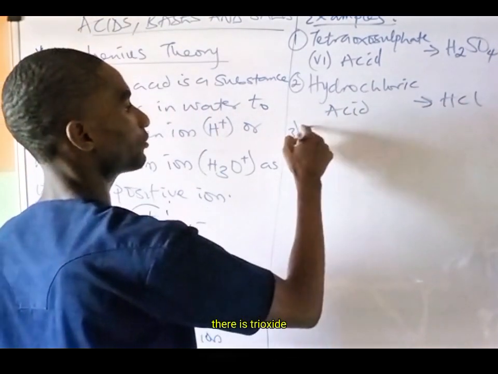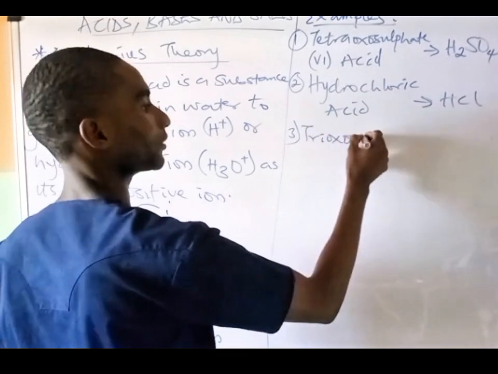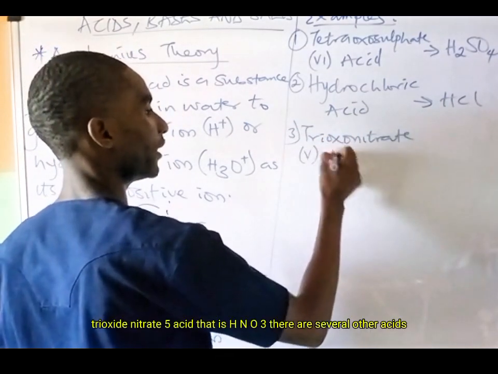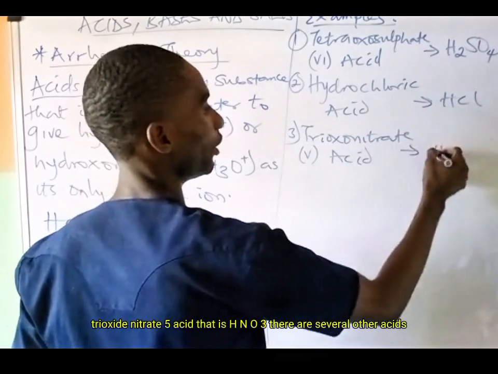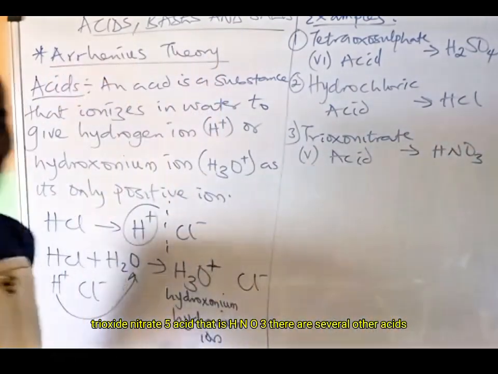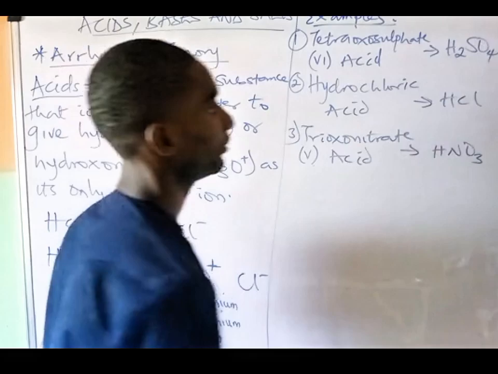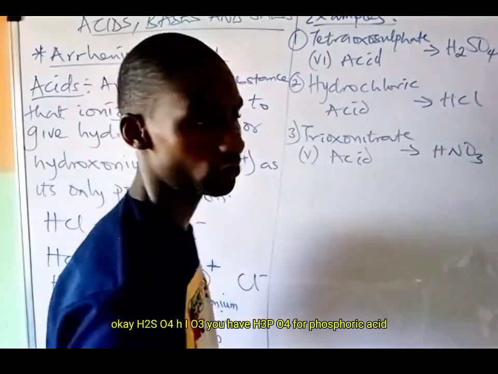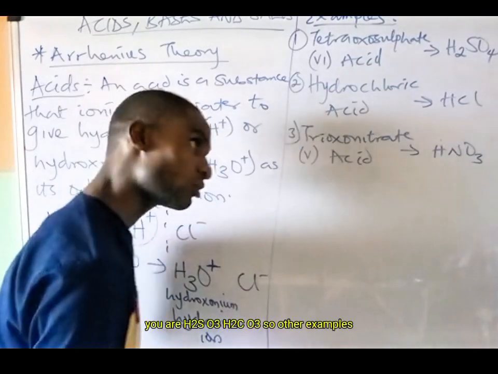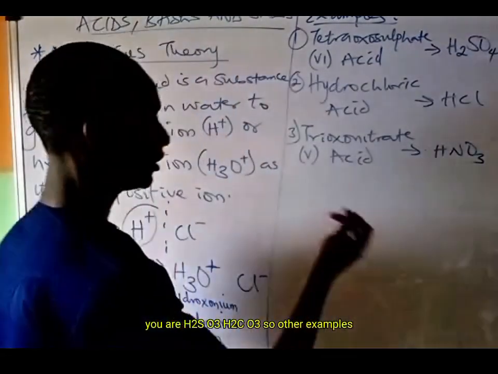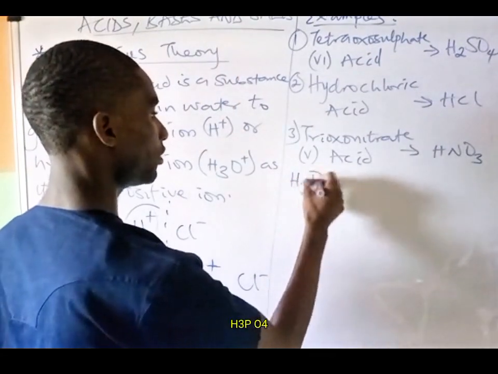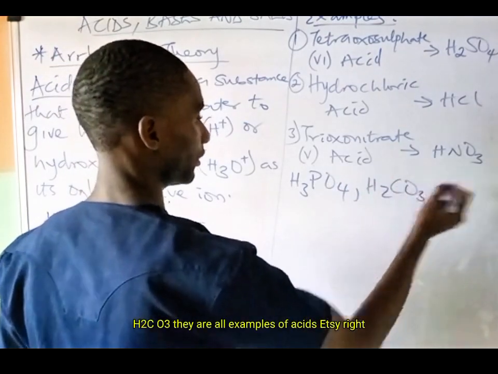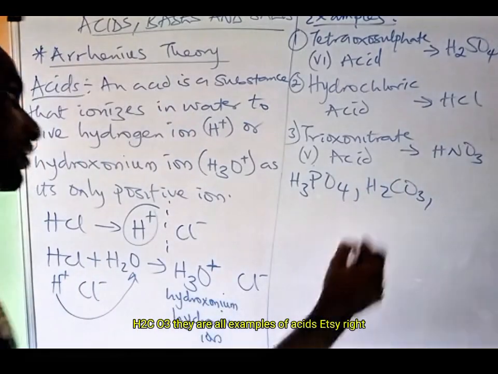There is trioxonitrate(V) acid, that is HNO3. There are several other acids, H2SO4, HNO3, you have H3PO4, phosphoric acid, you have H2SO3, H2CO3. So other examples, H3PO4, H2CO3, they are all examples of acids, etc.